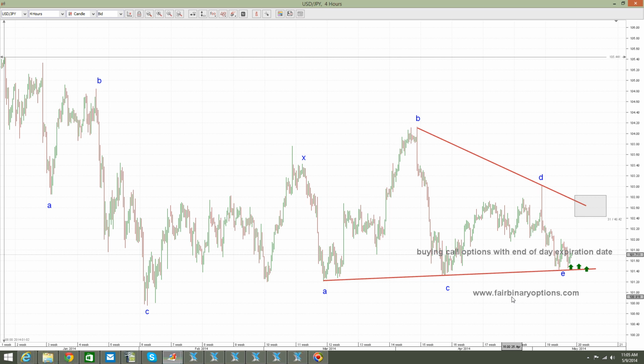Now this is being called from the beginning here, from the move to the upside here, to the downside here. This is being called a double combination.